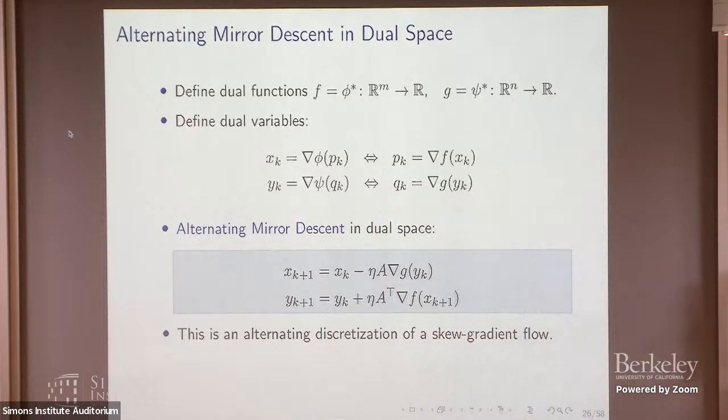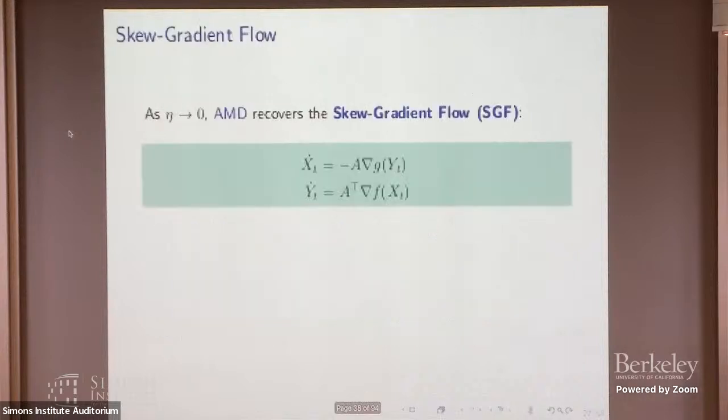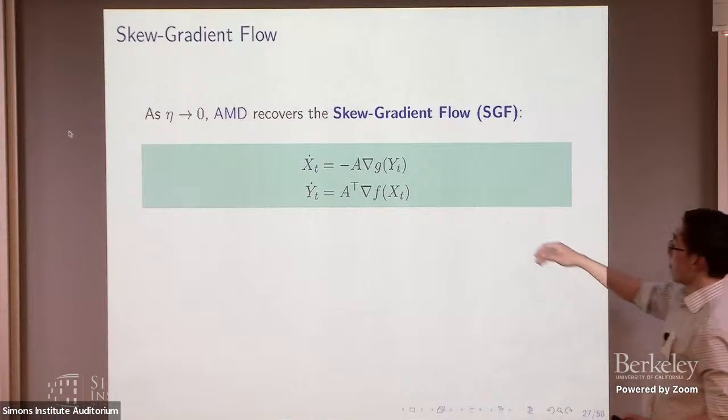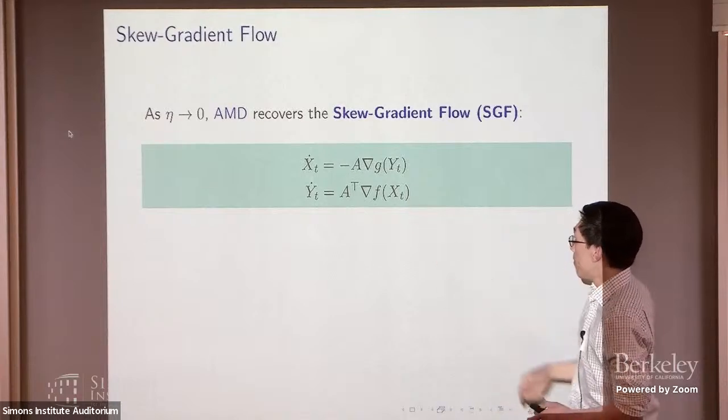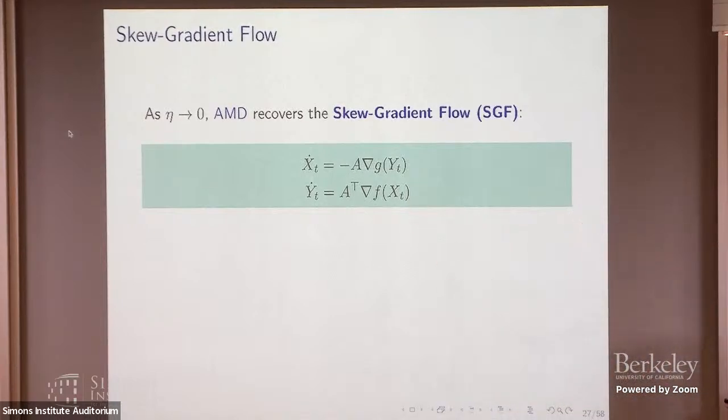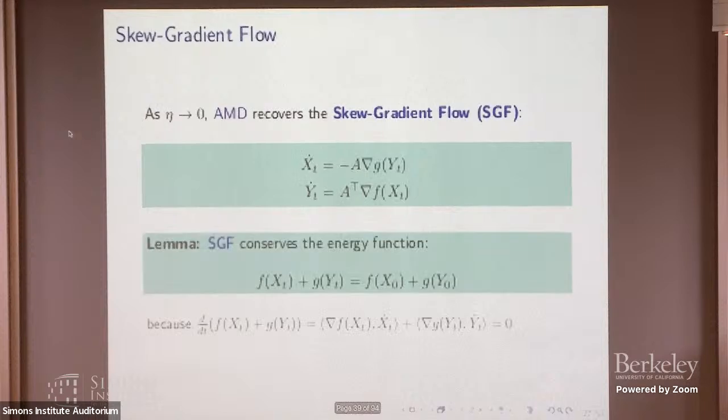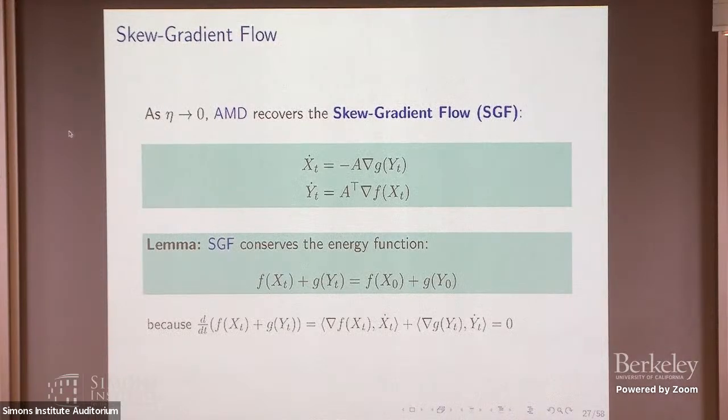And here, our observation is that this is an alternating discretization of what we call a skew gradient flow. What does that mean? Well, if we take the limit of the step size to 0, we recover the following continuous time ODE, where x flows following this negative gradient and y flows following this positive gradient. And the key property of this dynamics is that it conserves the energy function.